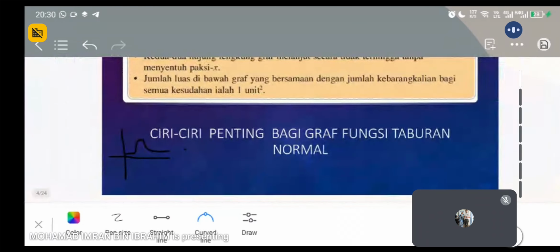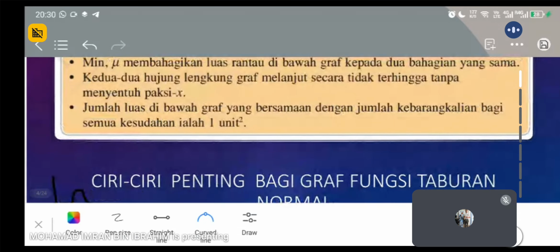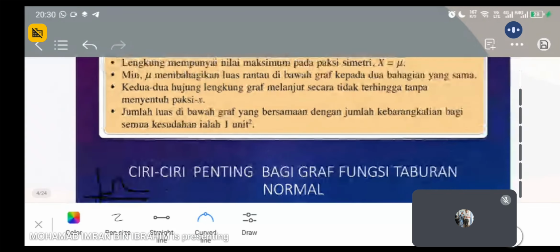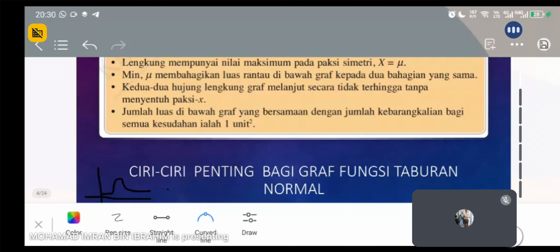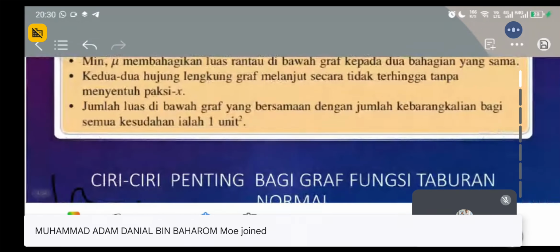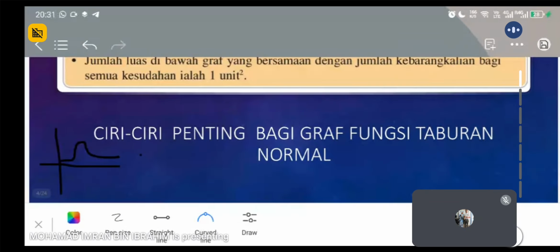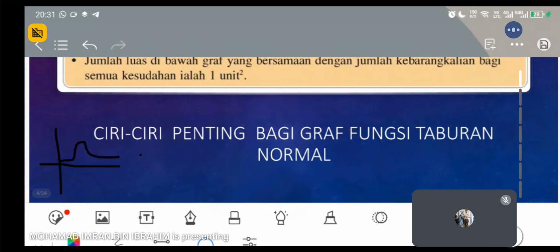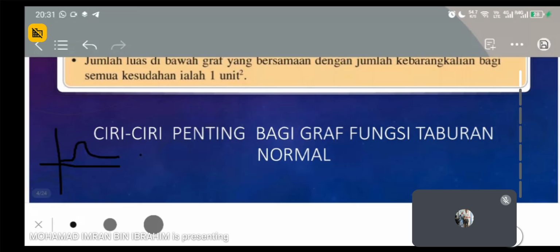Yeah, obviously because, you guys know that both ends of the curve are infinite, which means it is not going to touch the x-axis. No matter at any point, it's infinity.